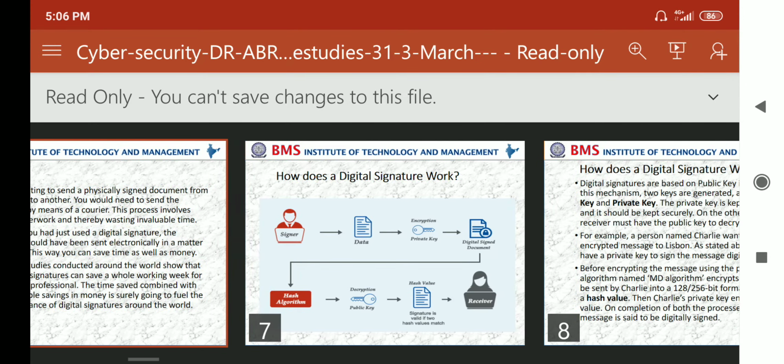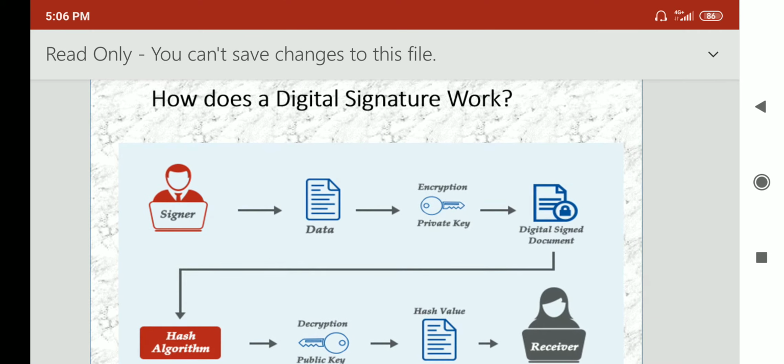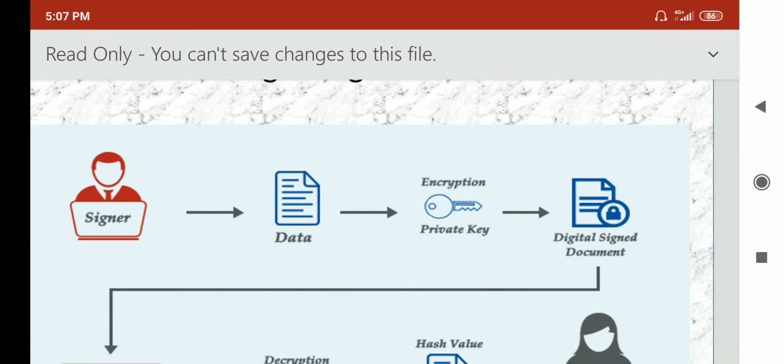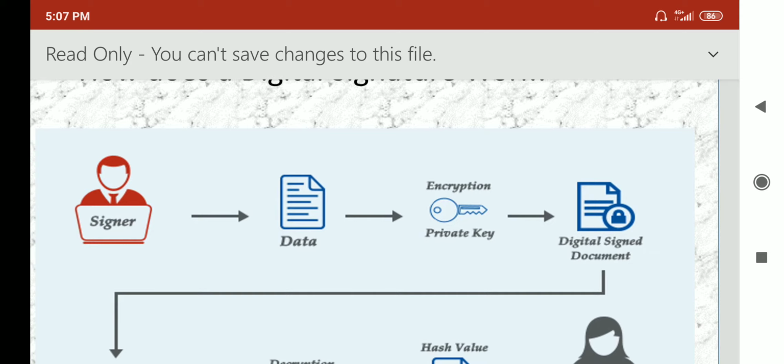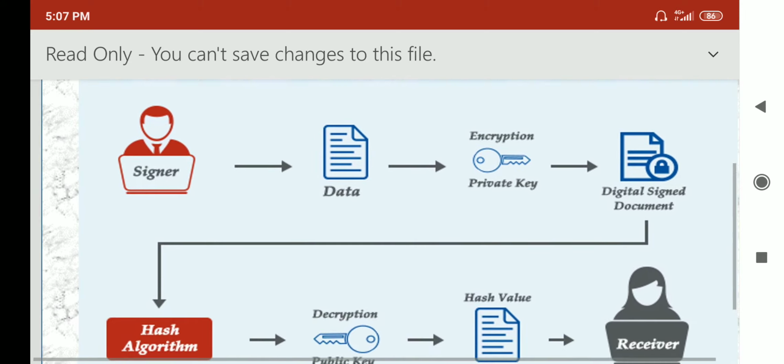Friends, we have to understand how actually a digital signature works. Suppose Alice wants to sign and send data. Alice will encrypt using her private key and a digitally signed document gets generated.